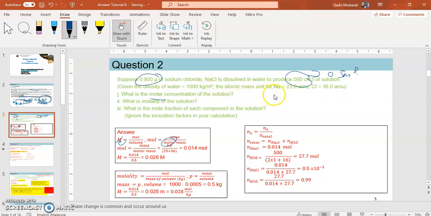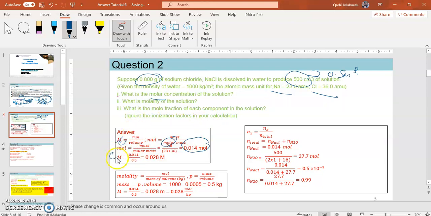The question already gives us the mass of sodium and also chlorine, so we can insert the formula. And then we can get our mole for sodium chloride, which is 0.014 mole.